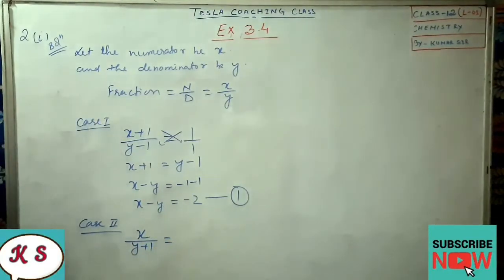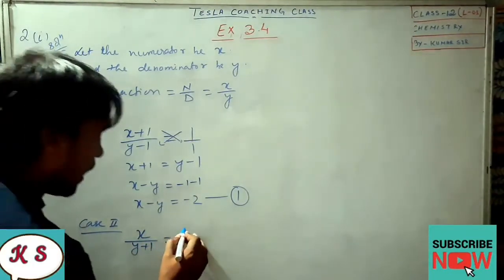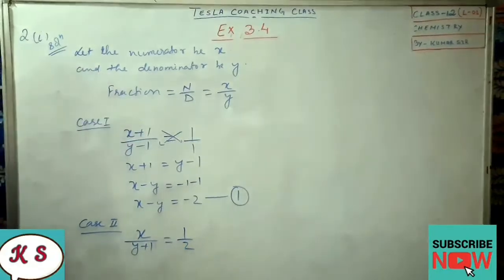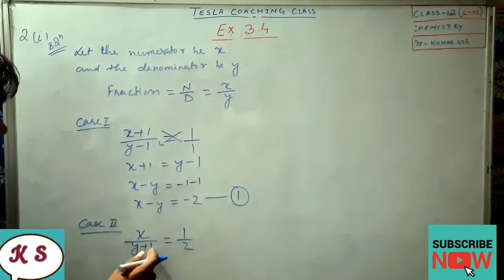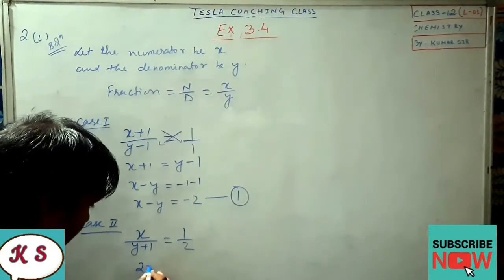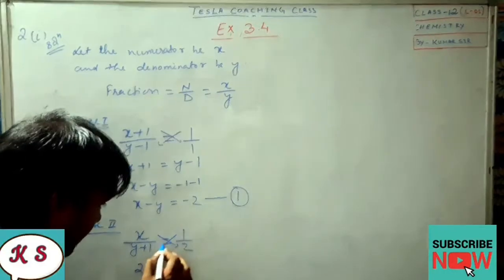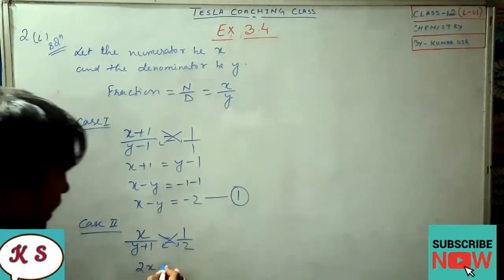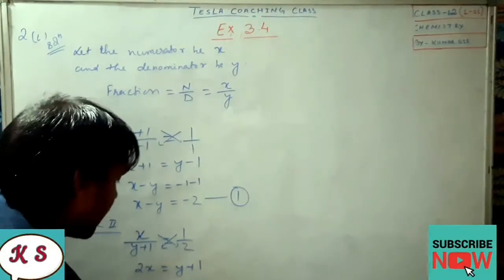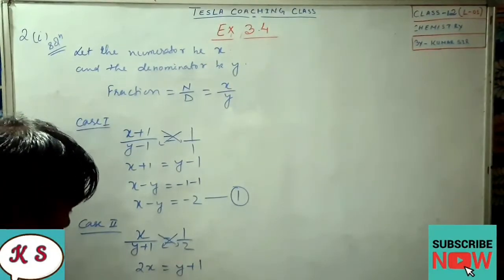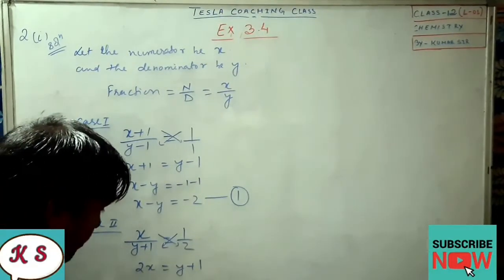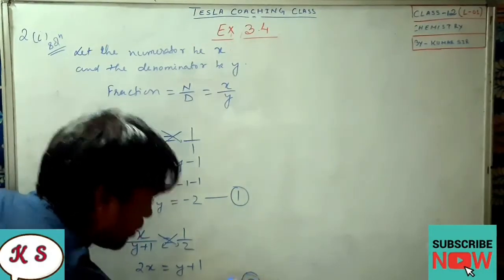Then the fraction becomes half, so it will be 1 by 2. Again the same thing, cross multiply. So 2 into x, and this one becomes y plus 1. If you bring y this side, it becomes 2x minus y equal to 1, equation number 2.